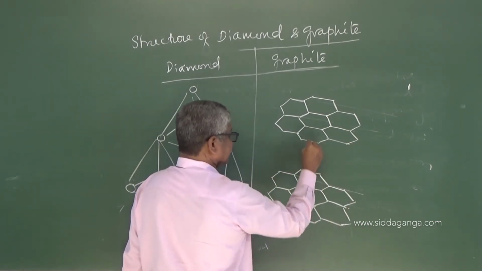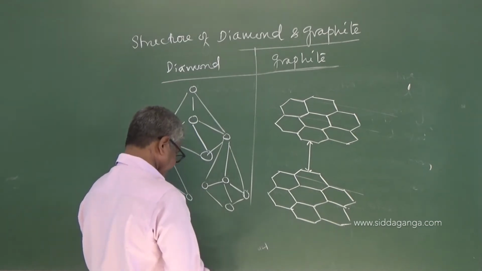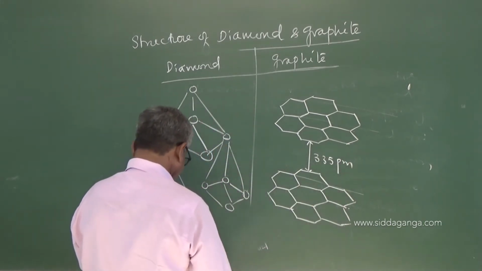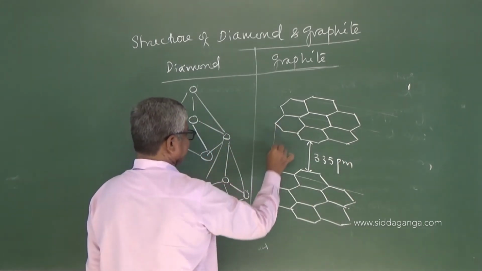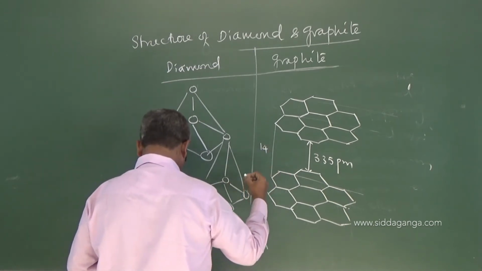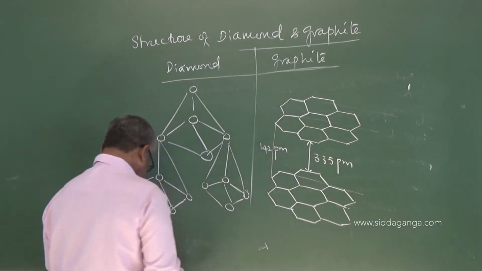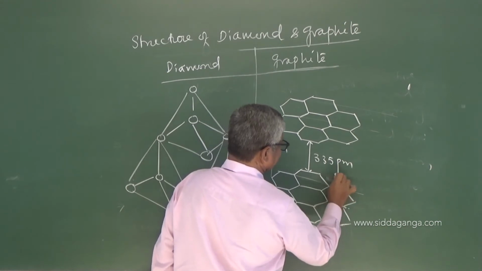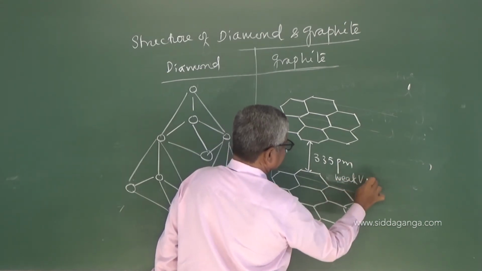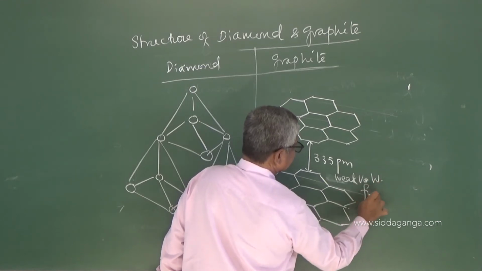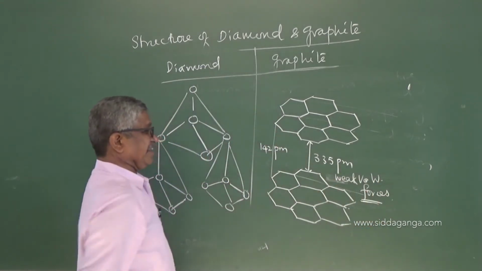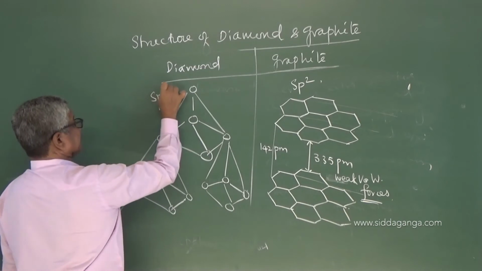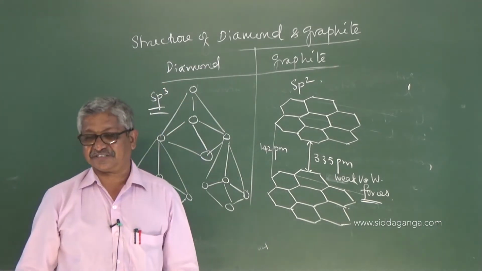The distance between the two layers is about 335 picometer, and the carbon-carbon bond length is about 142 picometer. The layers are attracted by weak van der Waals forces. This is graphite with sp2, and this is diamond with sp3 hybrid orbitals.